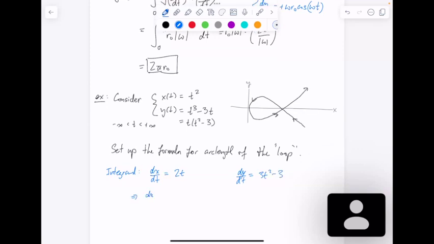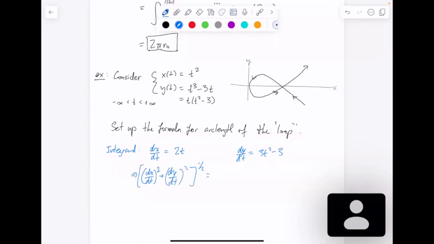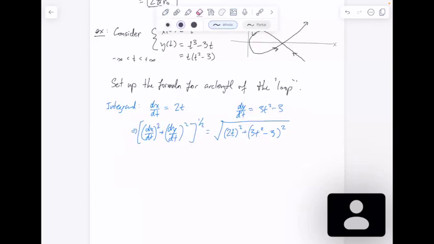So this means the square root of dx/dt squared plus dy/dt squared, right, is the square root of (2t) squared plus (3t squared minus 3) all squared. So what's this? If this were an exam, for example, you should simplify this, or expand this out and simplify.